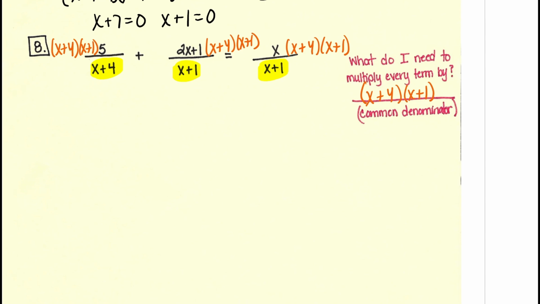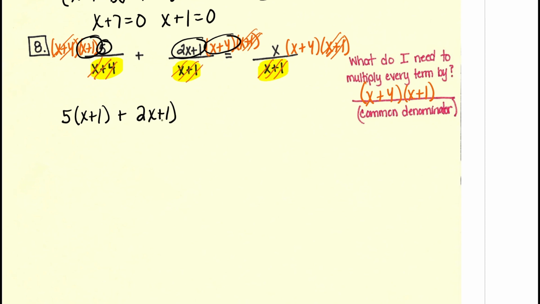Cancel everything that you can. X plus 4's are gone, x plus 1's are gone, x plus 1's are gone again. All right, let's see what we're left with. We have a 5 and an x plus 1. We have a 2x plus 1 and an x plus 4 that we'll get to do some distributing on, and we have an x and an x plus 4.